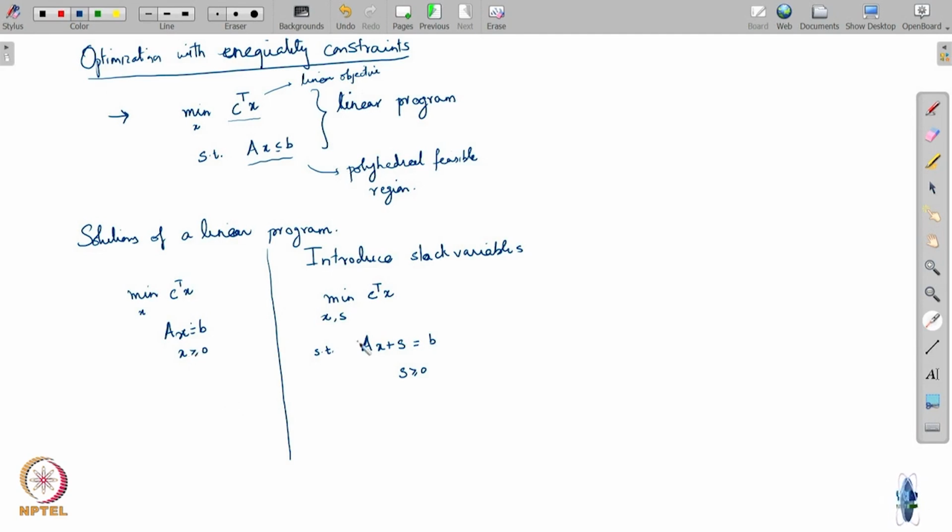Remember, the focus is on form. Of course, you cannot ask for x itself to be greater than or equal to 0, because it may not be valid in this particular problem. So, you have to transform x using some other variables in such a way that those variables end up having this sort of form. What would be the way to do that?